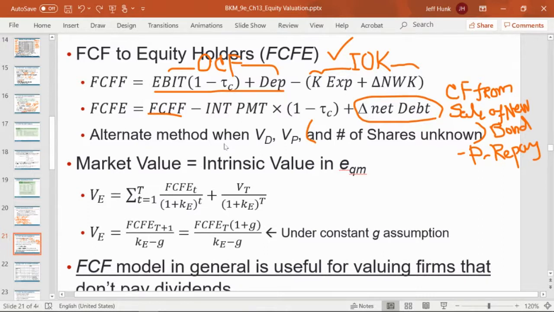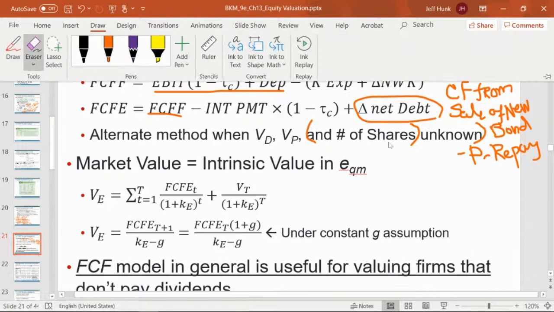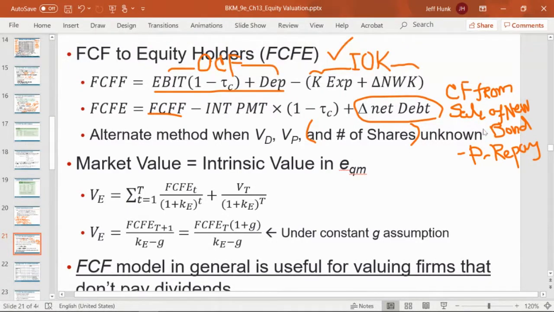Yeah, but anyway, alternate methods when the value of debt and value of preferred stock are unknown.